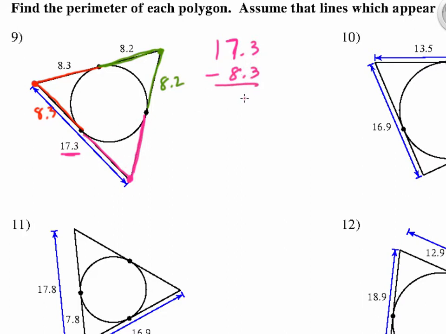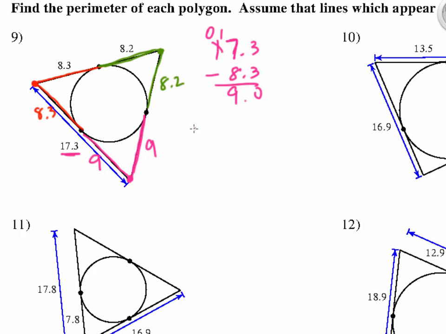So 0.3 minus 0.3 becomes 0, and we're going to get 7 minus 8. We're going to borrow here, so 17 ones minus 8 ones gives us 9. So this is going to be 9 here. And you can check that: 9 plus 8.3 does indeed give you 17.3. So if this is 9, because they're both tangent from the same point, this is 9.